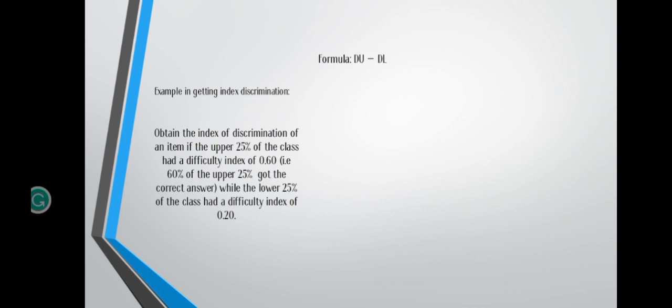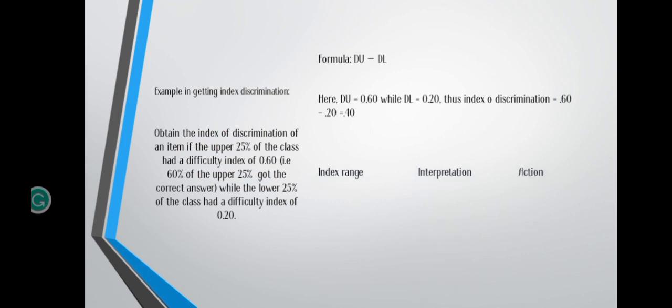So ganito yung formula, DU minus DL. Here, ang DU nila is 0.60, while si DL is 0.20. Thus, index discrimination is ima-minus lang natin, 0.60 minus 0.20 is equal to 0.40.